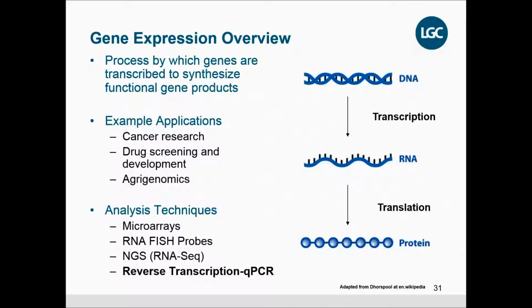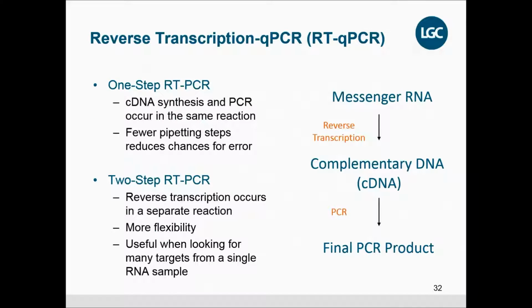There are several methods to analyze gene expression. These include microarrays, RNA fish probes, next generation sequencing through RNA-seq. But what I'm going to focus on for the remainder of this talk is reverse transcription quantitative PCR, or RT-qPCR.